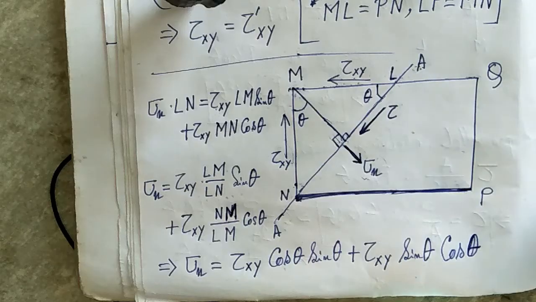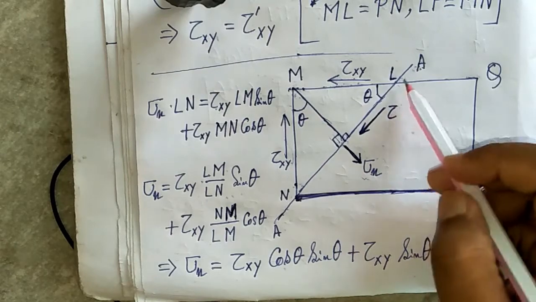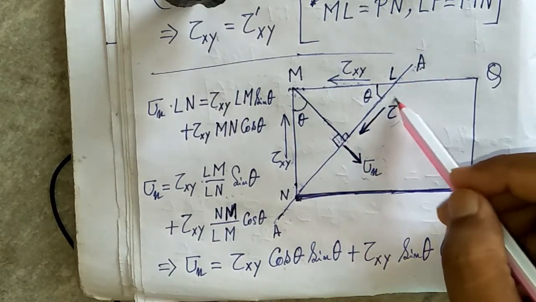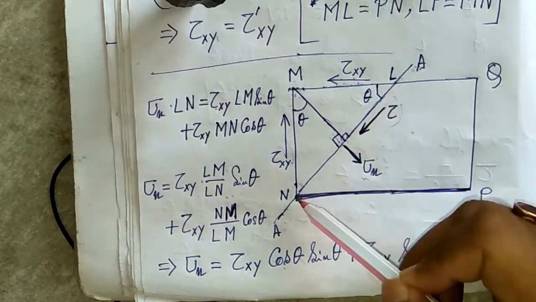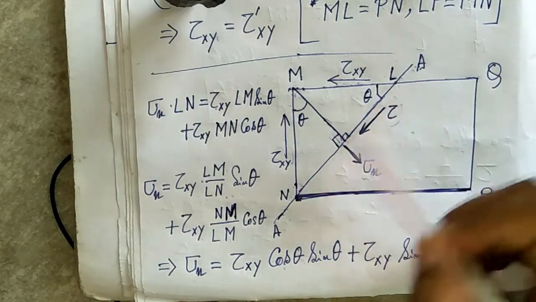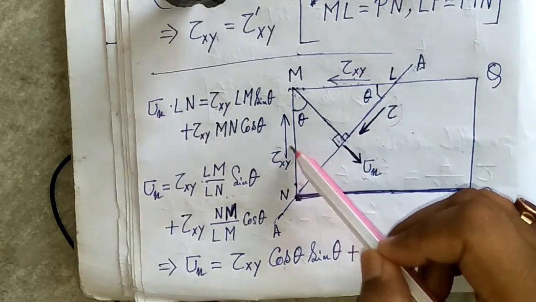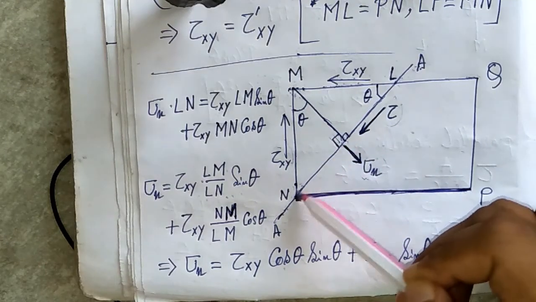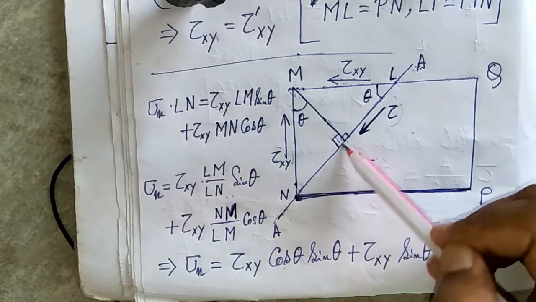So the parallel force along this AA plane is tau, the shear stress, into the area, that is ln into 1, the height, so tau into ln. That will be equal to tau xy into mn along this direction, that means tau xy mn into sine theta.